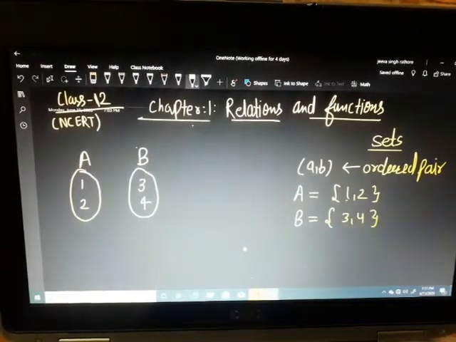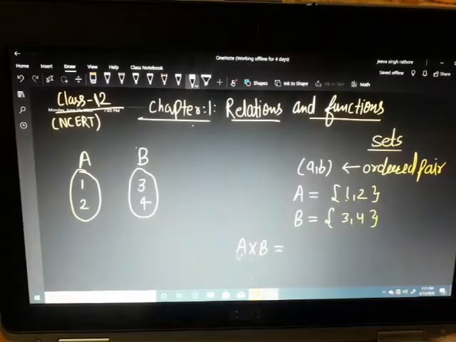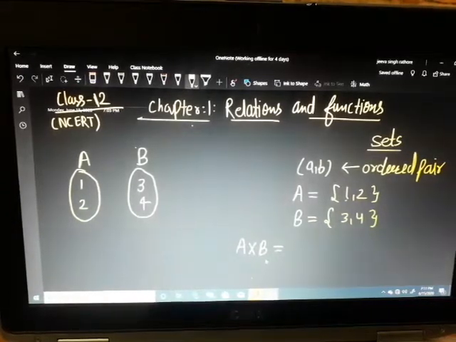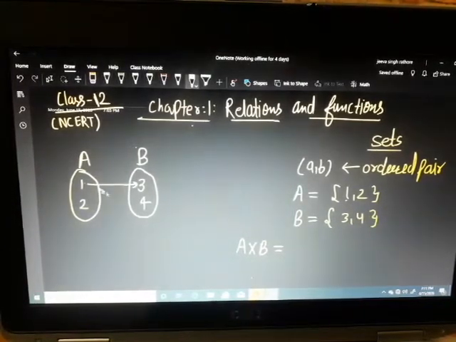Now I want to find the Cartesian product A cross B, the ordered pairs from set A to B. This 1 can connect with 3 and with 4. These are the ordered pairs (1, 3) and (1, 4).